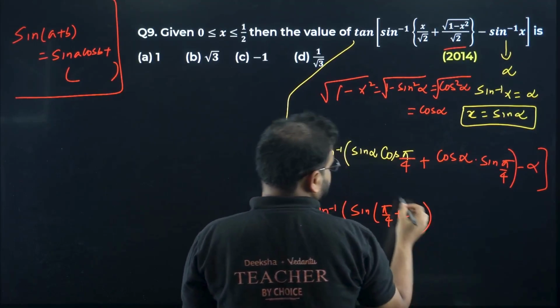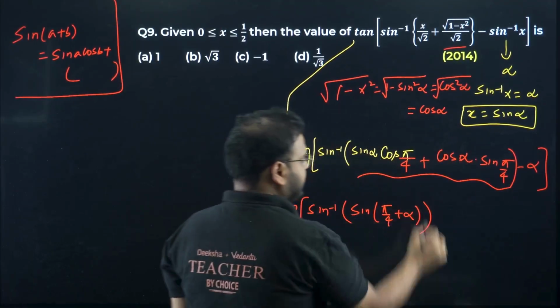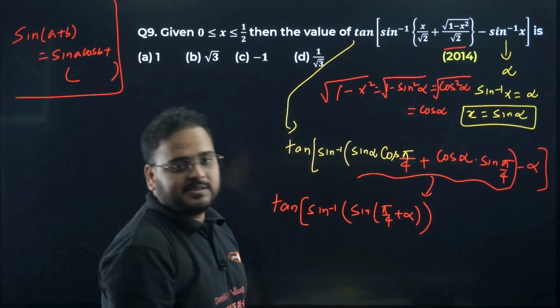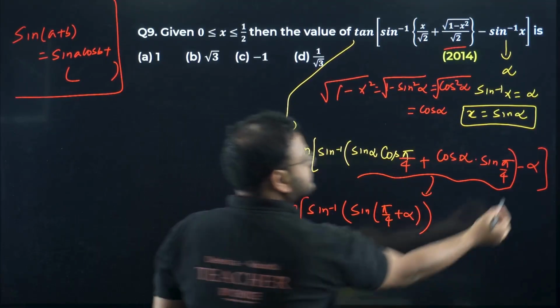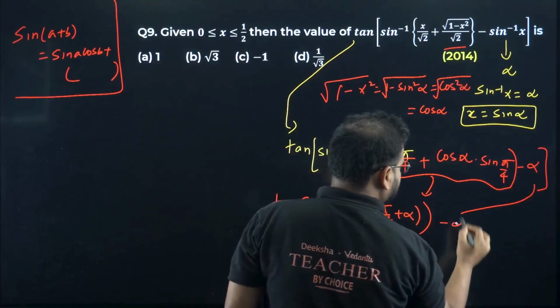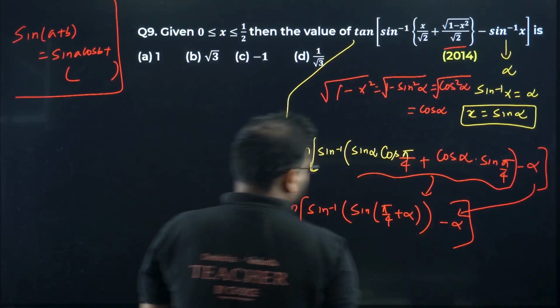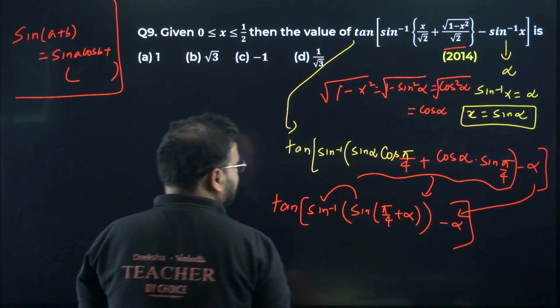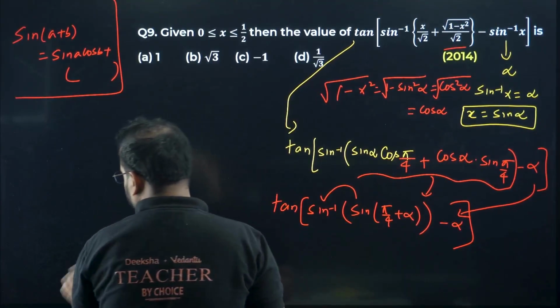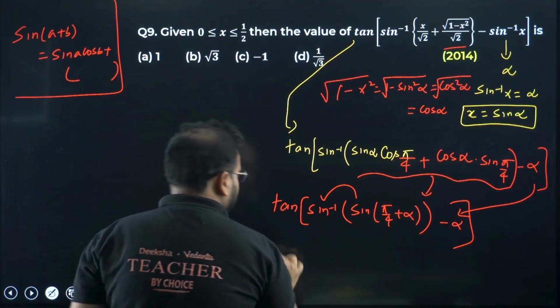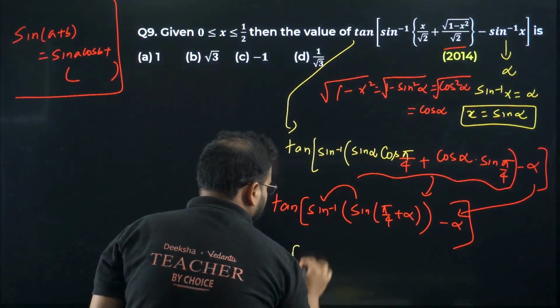This whole thing is done. Sine of pi by 4 plus alpha, and this continues, minus alpha. Clear? So check this out. Sine inverse of sine will cancel the effect of each other. So what do I get? Tan of, this will cancel each other.